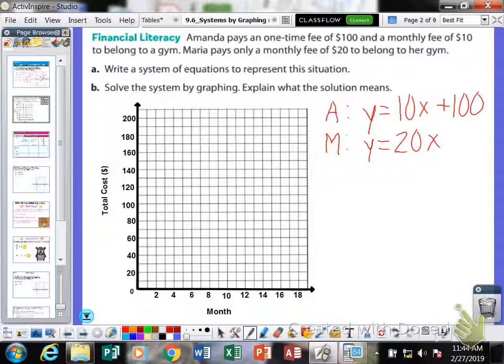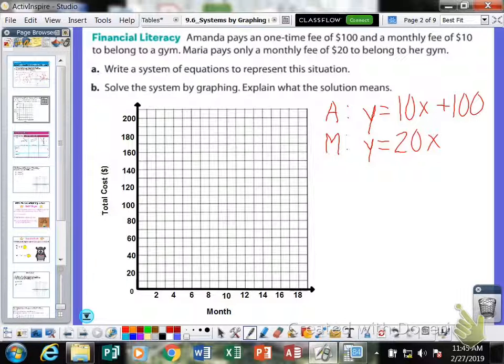Alright, so part B, we found our system of equations to represent the situation. Now part B says solve the system by graphing. So in order to graph it, we need to set up our lines and find a few of our ordered pairs. So we'll start with Amanda's equation of y equals 10x plus 100.